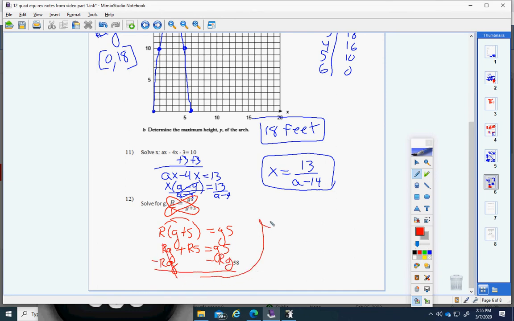I'm coming over here. So RS equals GS minus RG, and now I can undistribute, and I can divide by the S minus R. So the final answer is RS over S minus R.